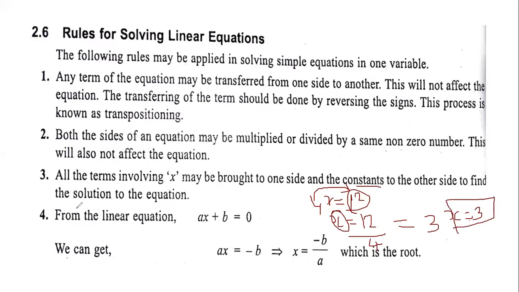This will be your rule number 3. Now the last rule, from the linear equation ax plus b is equal to 0, ax is equal to minus b. Now why minus b? Because when plus goes to the other side, it will change sign and become minus. Now x is equal to minus b divided by a.